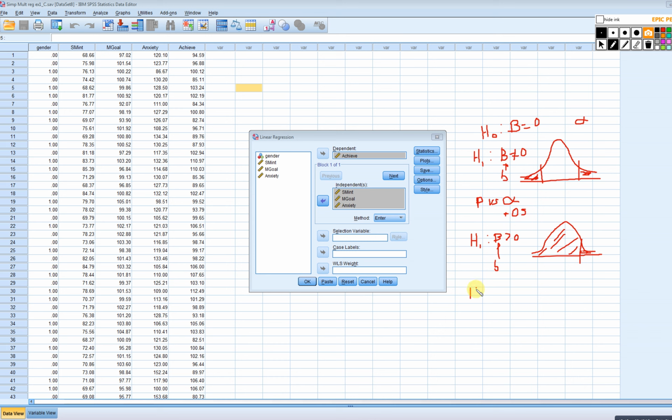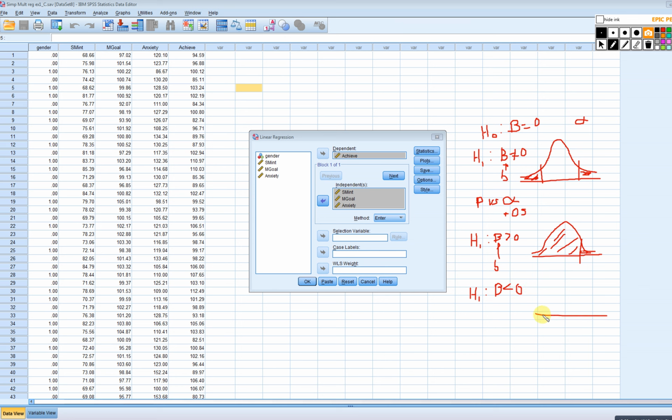The third alternative hypothesis that we could adopt, and it's basically the second directional hypothesis, is that beta is less than 0, meaning that there is a negative predictive relationship between our predictor and our criterion variable.